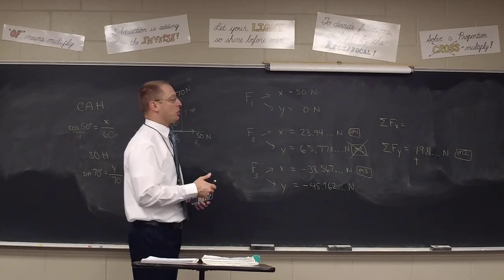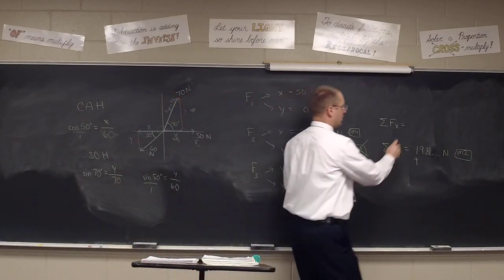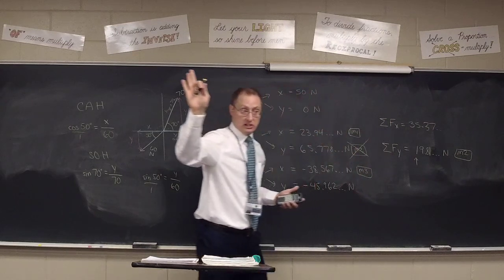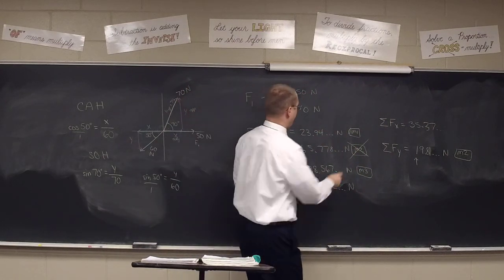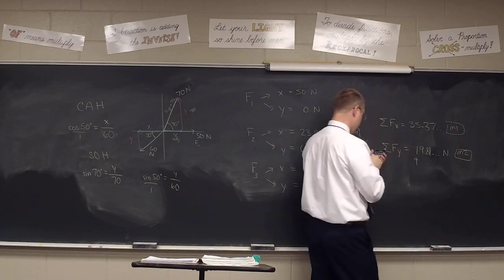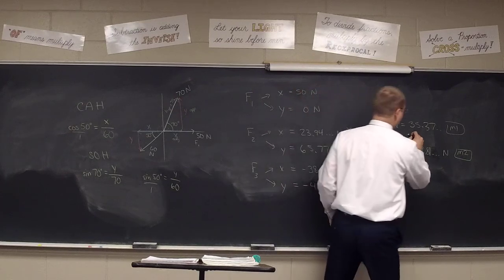And what is the resultant horizontally here? Audrey? 35.37, all good with that. And I'm going to overwrite memory 1 there. Store 1. And that's going forward because it's positive.